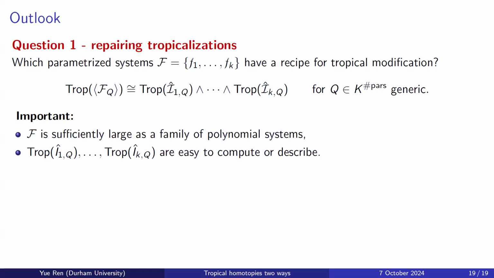First of all, I would ideally like this parameterized system, if I think of this as a family of polynomial equations, to be large. So for example, what I'm less interested in is a parameterized system where the number of parameters is 0. Then yes, you can repair that, but it only applies to the system that you have at hand. Ideally, this should be a large family.